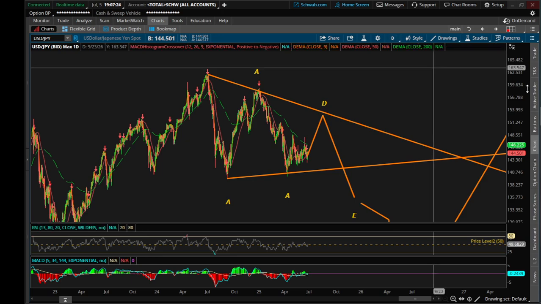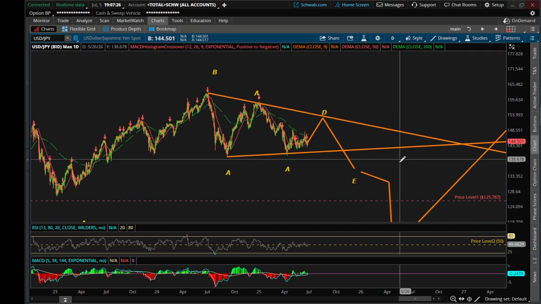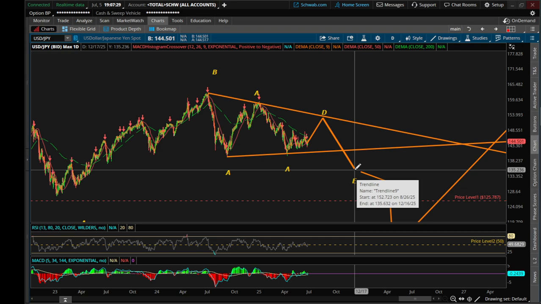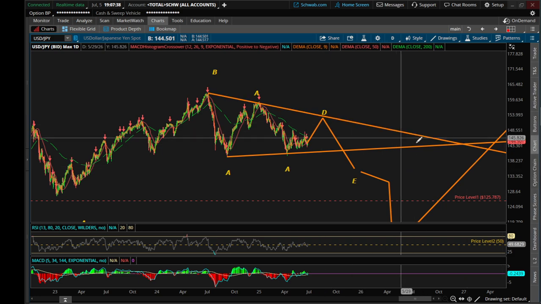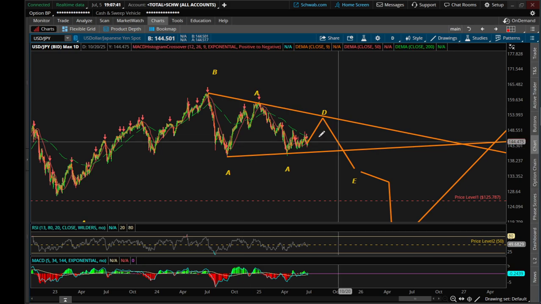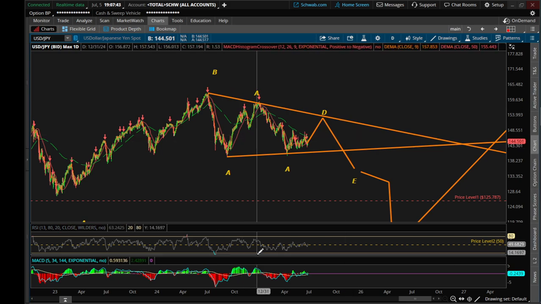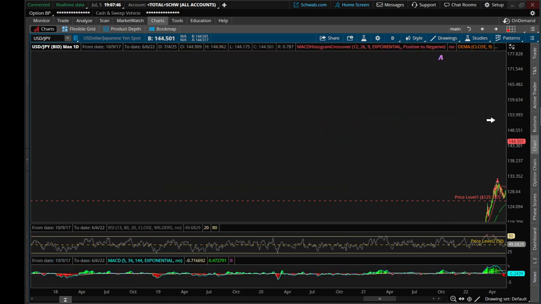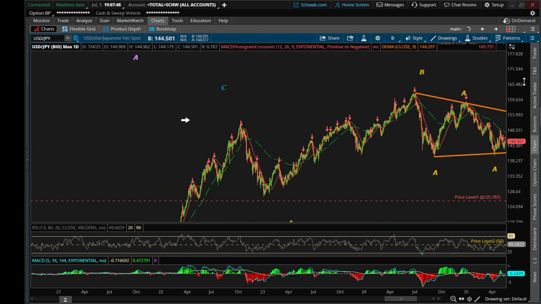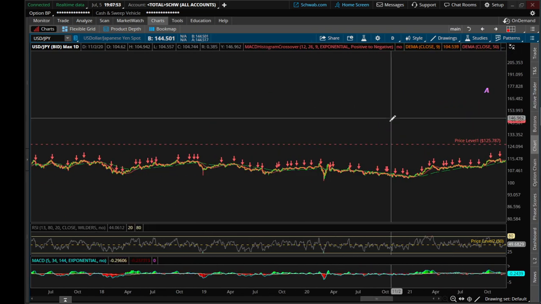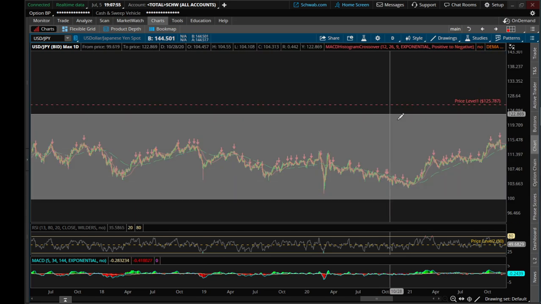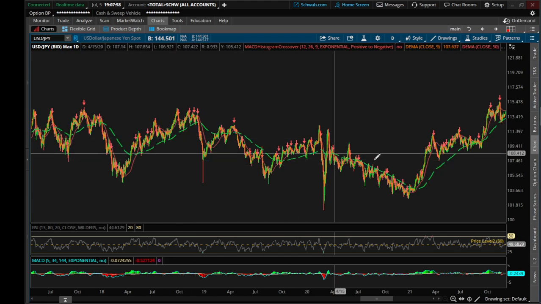Okay, so I mean, that's more or less how it's going to fizzle out. Whether it makes a triangle pattern or it just does something similar to the previous leg in the B correction here. You know, it's just a channel all the way down.